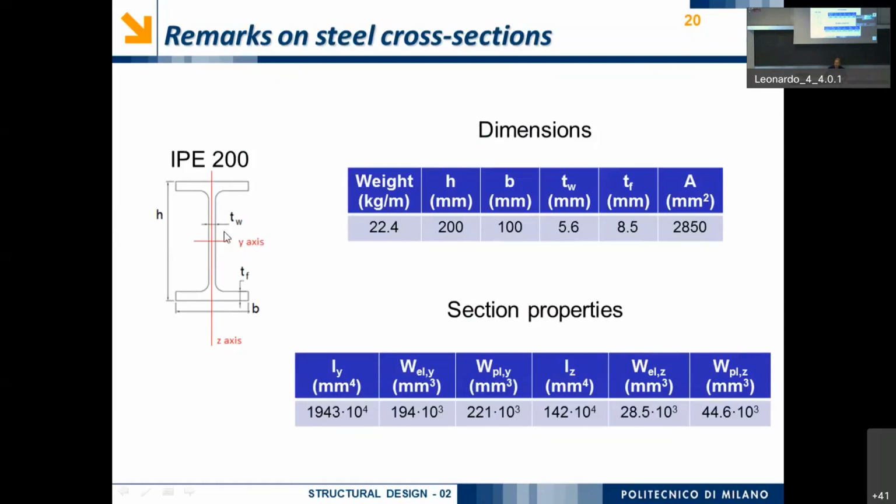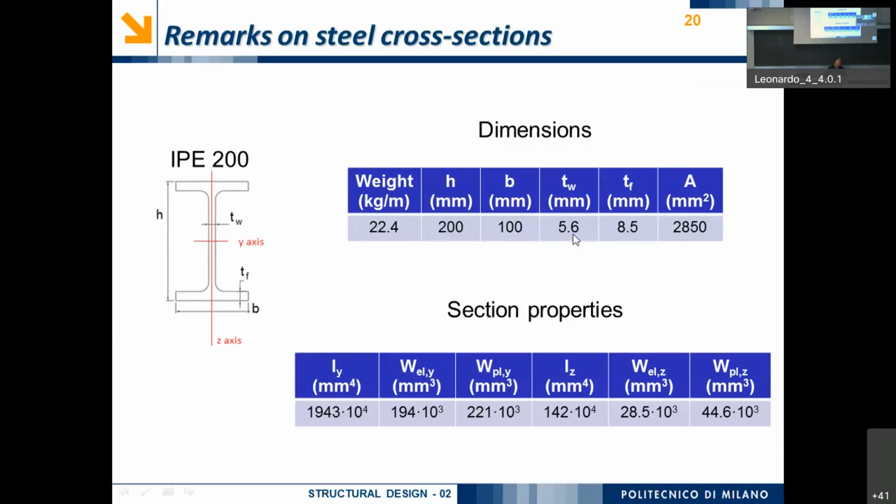For example, for an IPE 200 cross-section, I can obtain from standard textbook or from standard manuals the weight in kilogram per meters, but also the dimension. So the overall height of the beam, which is equal to 200 millimeters. The width of the flanges, in which in this case the width is 100 millimeters.